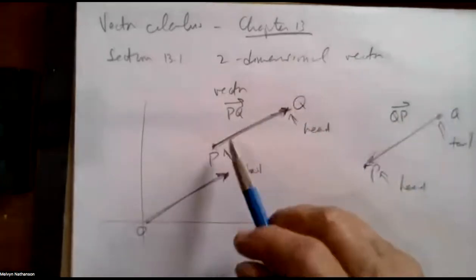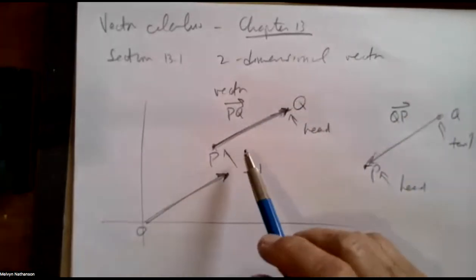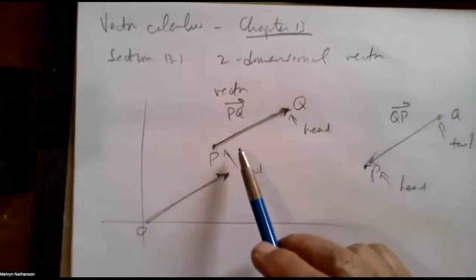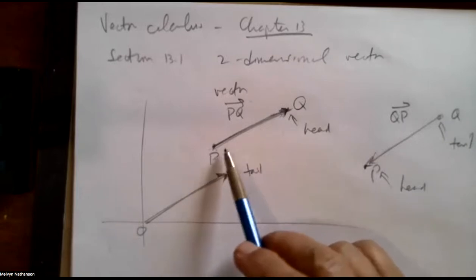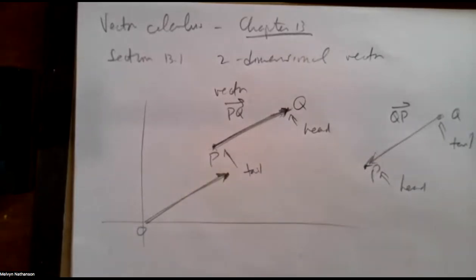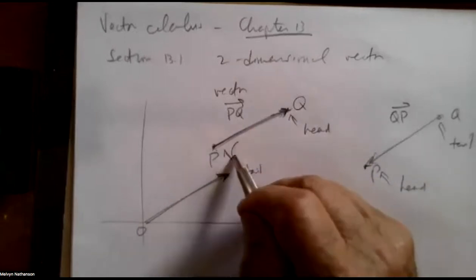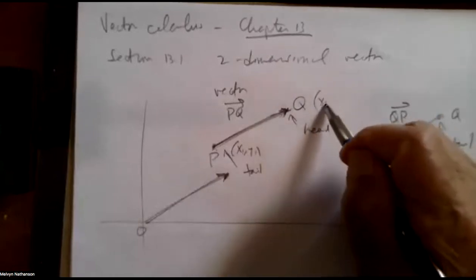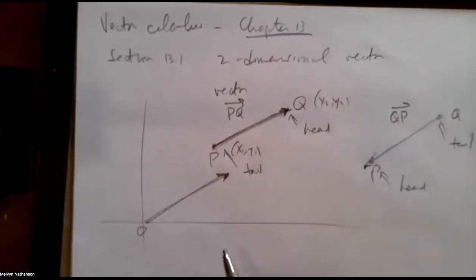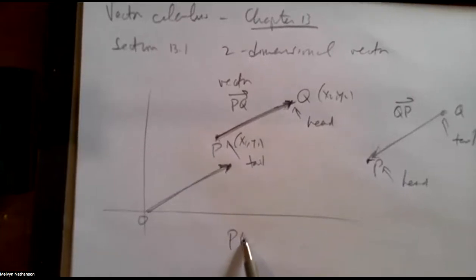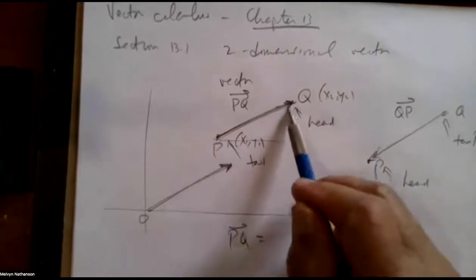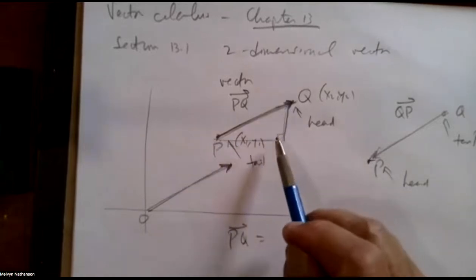So there are 2 notions of vector. There's a vector that's located in the plane between 2 particular points, but 2 equal vectors are simply vectors that have the same length in the same direction. And there's a way to represent vectors as coordinates. If P has coordinates x1, y1, and Q has coordinates x2, y2, then the vector from P to Q is, actually, you can think of this if you had a triangle, a right triangle.